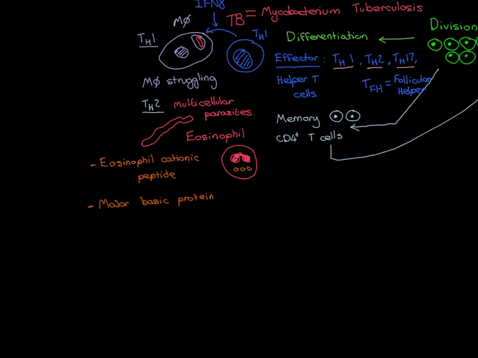At that point they'll start releasing interleukin 5 and interleukin 13, so IL-5 and IL-13, and these are the molecules that call for eosinophils. Where you have these molecules produced, eosinophils start coming out of the bloodstream and come to that area, and then they'll start releasing their horrors on this multicellular parasite.